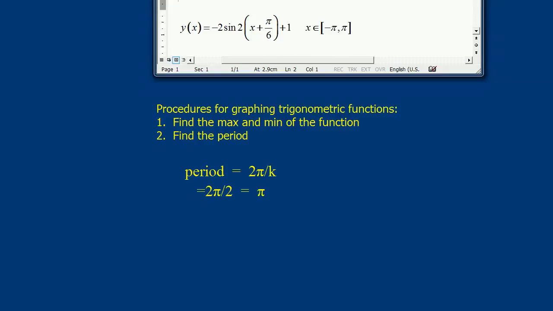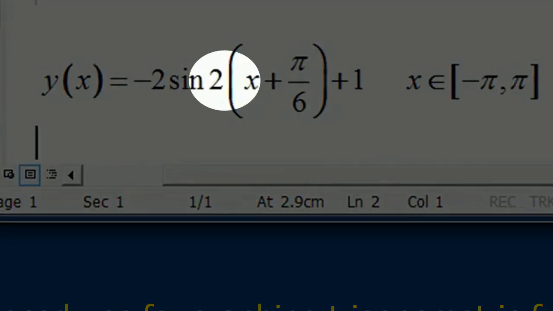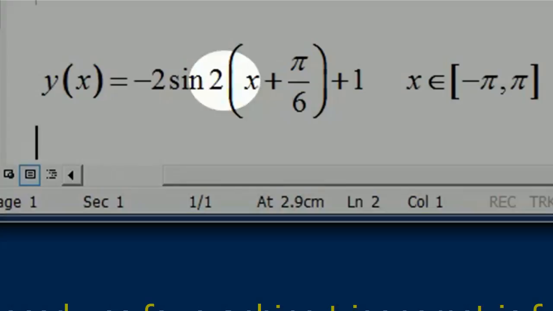The second procedure is to find the period of the function. In this case, k equals this number, and the period equals pi.